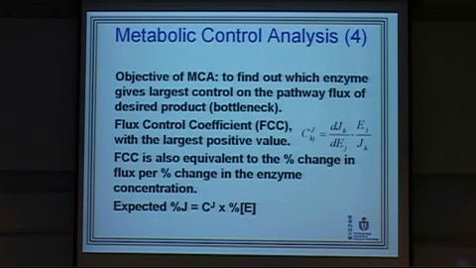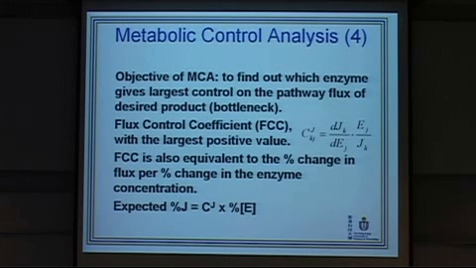So the object of the metabolic control analysis is then basically to find out which enzyme has the largest control of the flux and possibly presents a bottleneck in the process.